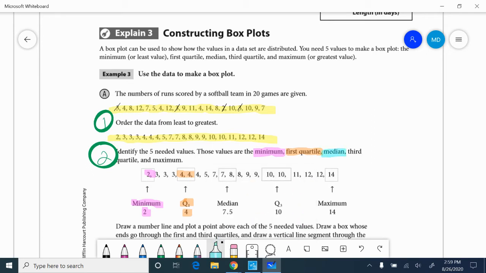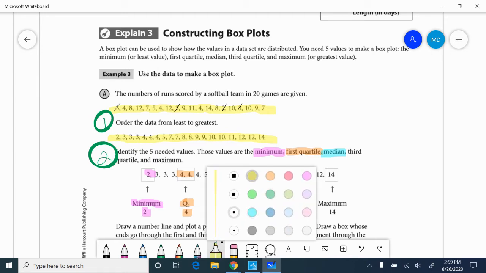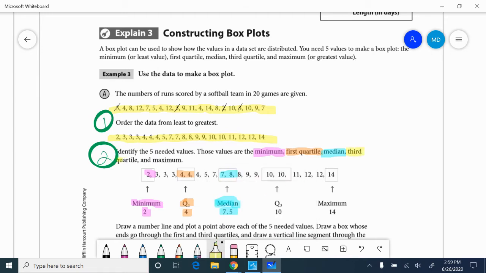Our median is the middle value. When there's 2 in the middle, you take the mean or the average of those 2 numbers. 7 plus 8 is 15, and 15 divided by 2 is 7 5/10. And we have our third quartile, which is from this data right here. It's 10.